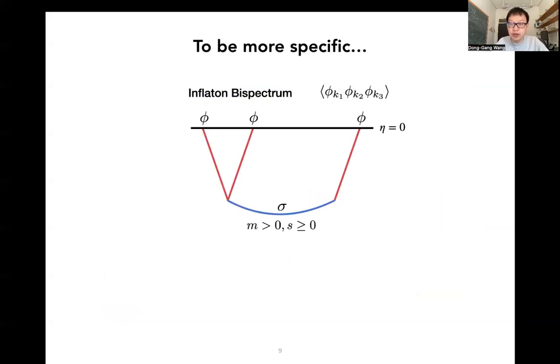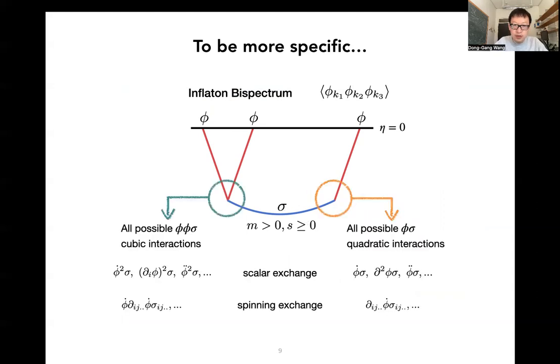So to be more specific, here we are interested in the inflaton bispectrum generated by this massive exchange diagram with 3 external legs as the inflaton, that is a massless field φ. And then we also have this exchanged massive scalar or spinning particle σ. So here we wish to include all the possible cubic interactions with boost breaking scenarios, and also all the possible quadratic interactions for both scalar exchange and spinning exchange.